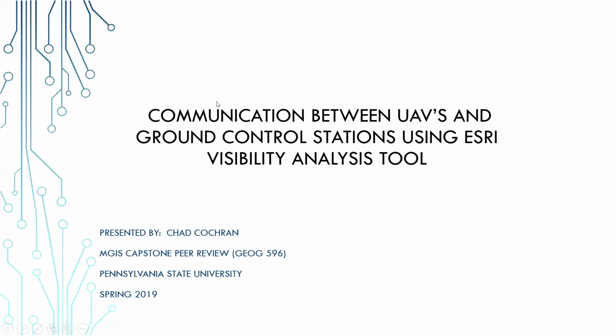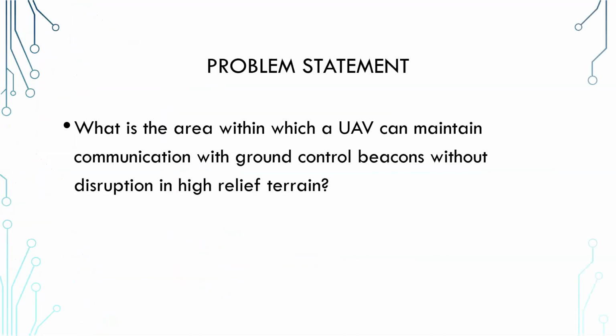There we go. Great. Well, hello everyone, my name is Chad Cochran. Thank you for joining me for my peer review of my capstone project, communication between UAVs and ground control stations using the Esri visibility analysis tool. So to start out, we have to answer a key question about communication between UAVs: what is the area within which a UAV can maintain communication with ground control beacons without disruption in high relief areas?